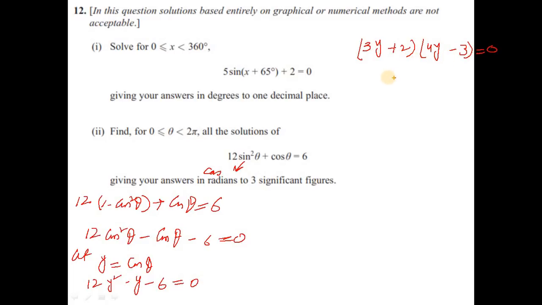From these two factors you can say that y is equal to minus 2 by 3 and y is equal to 3 by 4. So that means cos theta is minus 2/3 and cos theta is 3/4.